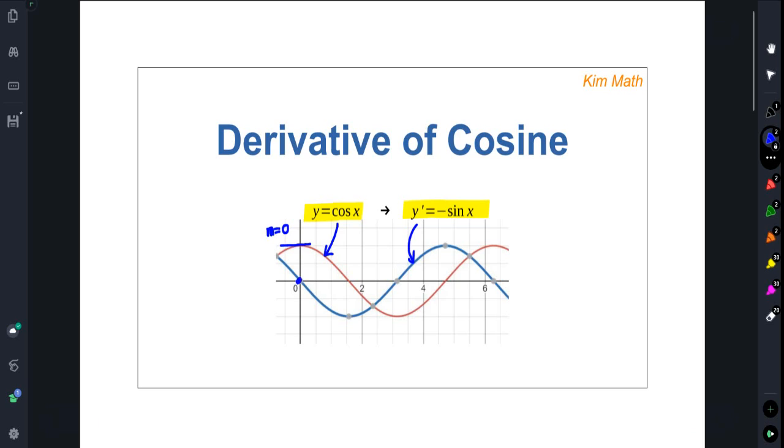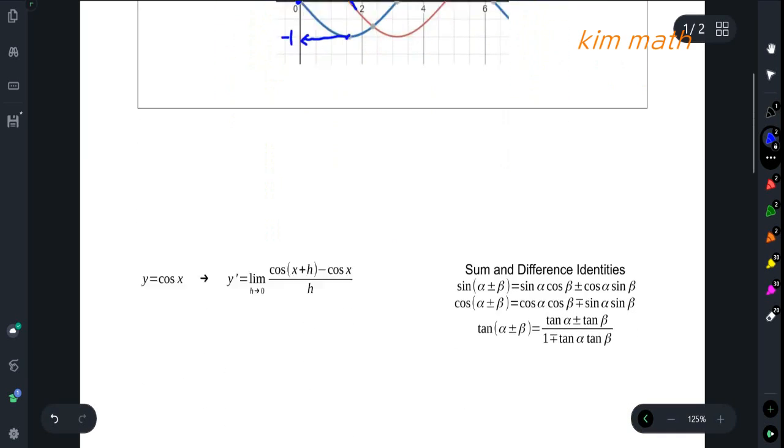And one more, here, the slope of the tangent line is negative 1, and that is just the y coordinate of negative sine of x. Okay, so today we will discuss why the derivative of cosine equals negative sine of x.